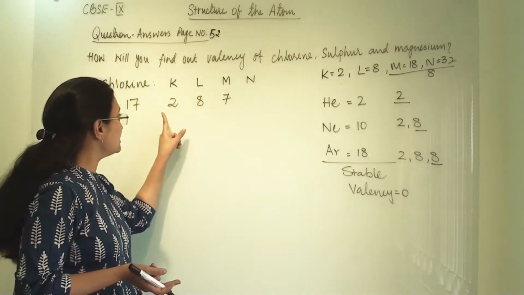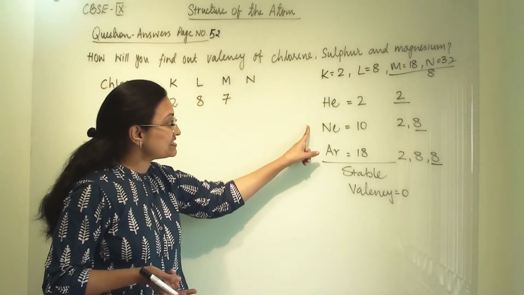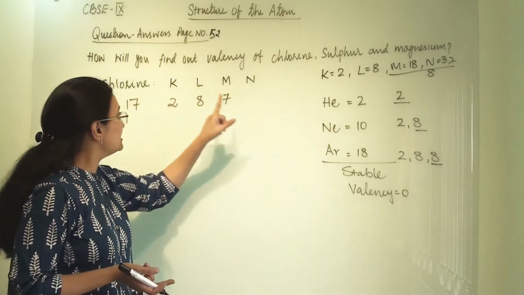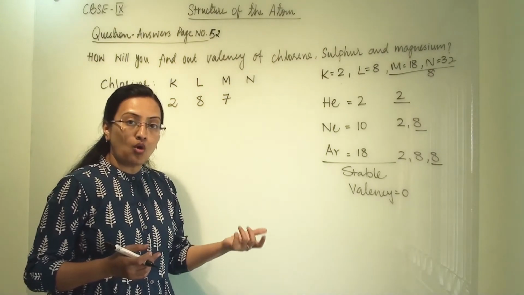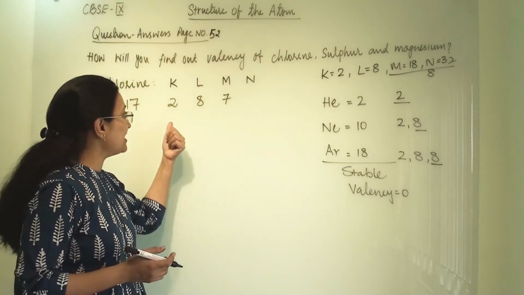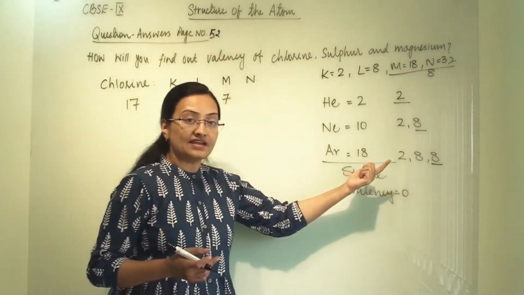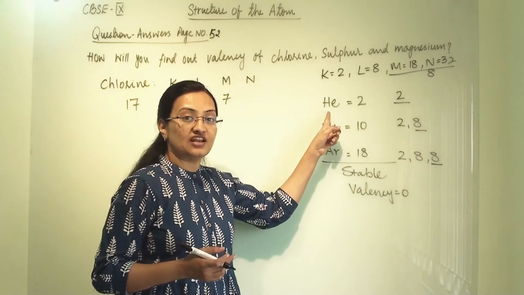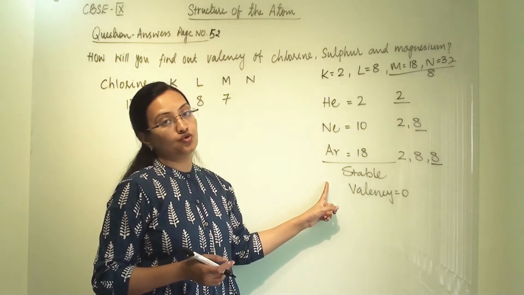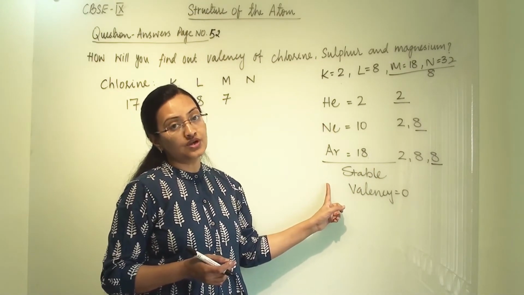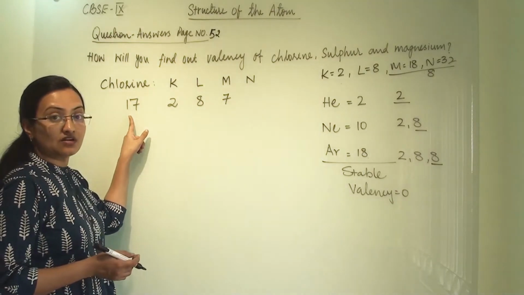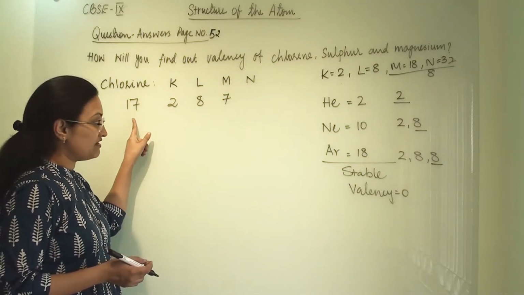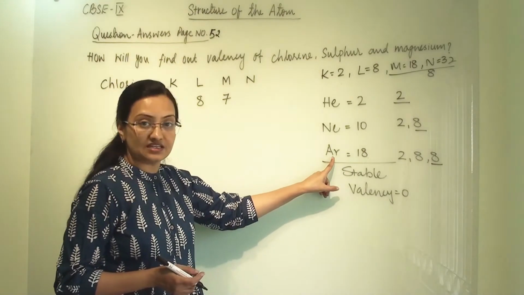So we have to see which noble gas electronic configuration is nearer to chlorine. Chlorine will either lose electrons or gain electrons, and get an electronic configuration like the nearest noble gas. Chlorine has atomic number 17, so argon is the nearest one.